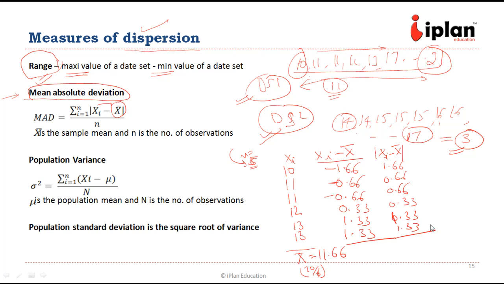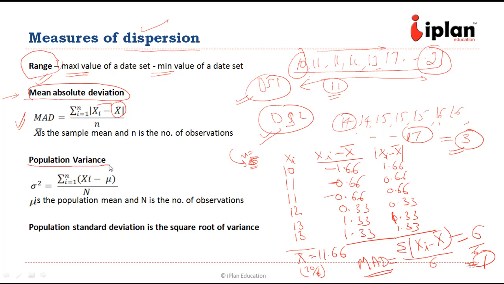We have to take the sigma, the summation of all these values of mod xi minus x bar, which is equal to 6, and the number of terms we have is 6, so we divide by 6. So this divided by 6 becomes 1. So mean absolute deviation in this case is 1. That is how we calculate mean absolute deviation.